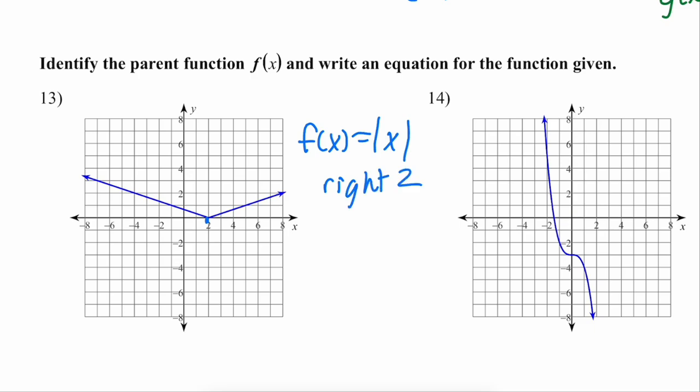I always do the positive side. It hasn't flipped over, but the slope is now 1 over 3. So our slope is now 1/3. So all that I do there is I change the slope to 1/3, and then I subtract 2 on the inside. We'll move it to the right 2. What can you do? Open up Desmos, plug that in. Is that the function you see there? If it is not, your function is incorrect.